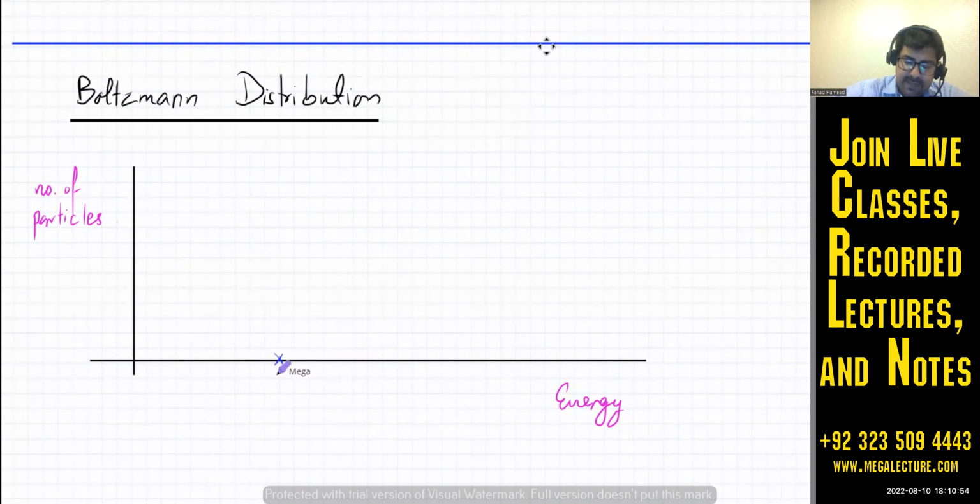So let's say this is my average energy. The highest number of particles will have energies close to the average energy. Some particles will have energies greater than the average energy, slightly greater.